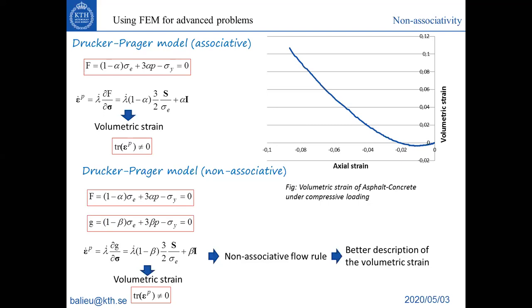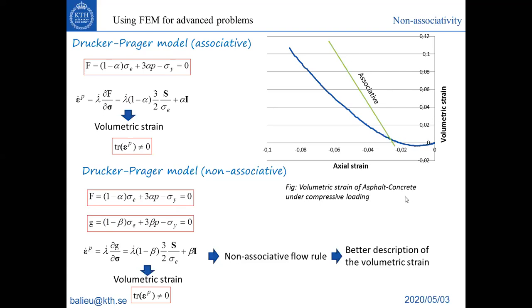But what happens after? If you take the derivative of this and you model the volumetric strain, you model how the plasticity evolves. So maybe you can get this description for the associative case.